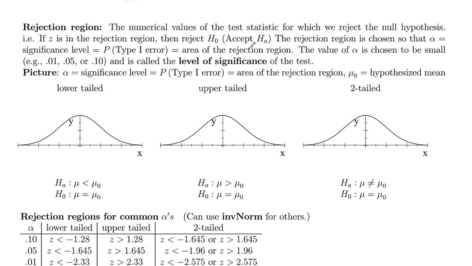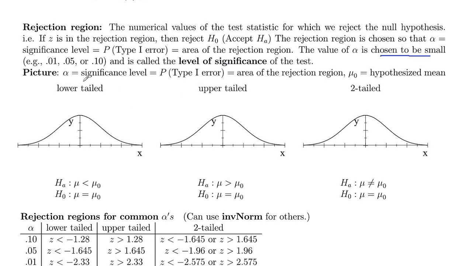That's what the rejection region is. It's the values for which you reject H0. The rejection region is chosen so that alpha, the significance level, the probability of a type 1 error, is the area of the rejection region. The value of alpha we usually choose to be small, like 0.01, 0.05, or at most 0.10, and that's called the level of significance of the test.